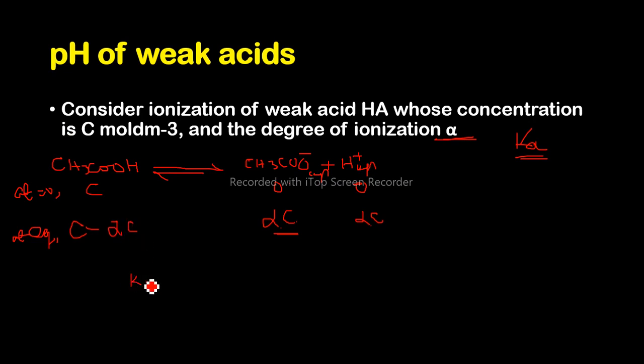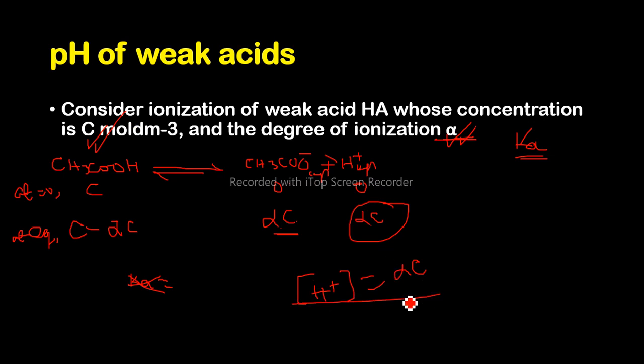So from Ka, now you don't even need to use Ka here. You know the alpha, which is the degree of ionization, and you know the initial concentration. You can determine the concentration of hydrogen ions, which in this case is simply alpha C, the degree of ionization times the initial concentration.